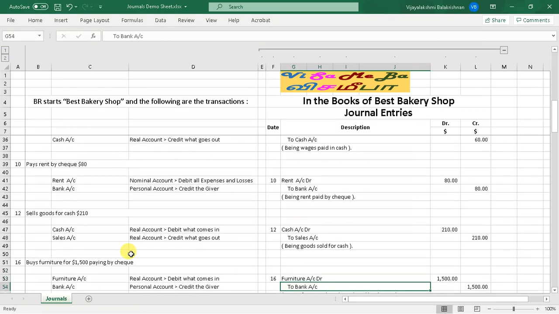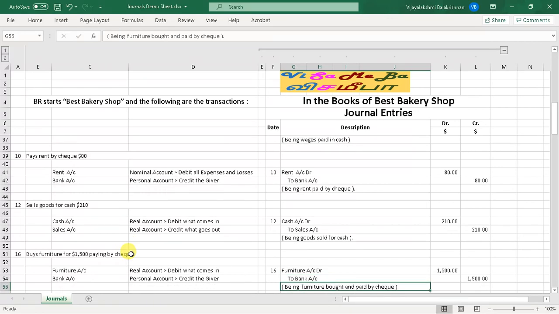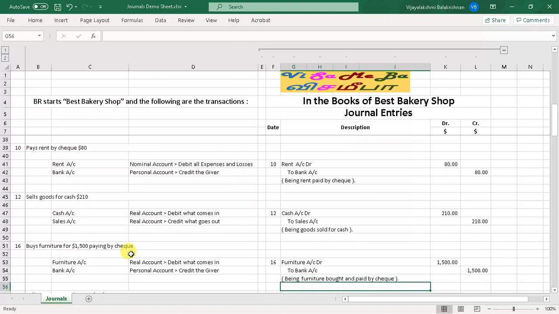So furniture account debit, debit what comes in. And how are we paying? We're paying by check, so credit the giver, the bank. So furniture account debit to bank, 1,500, being furniture bought and paid by check.